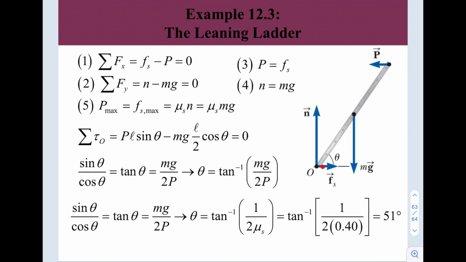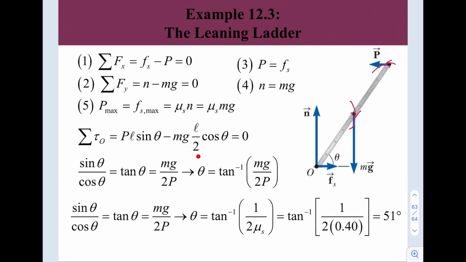Now, let's calculate the sum of torque at point O. It is equivalent to 0 because the ladder is not moving yet, still in equilibrium. So what we'll have is P times L sine theta. The direction of the rotation is counterclockwise, so it's positive. But for the weight, the direction of the rotation or torque produced is clockwise, so it's negative.